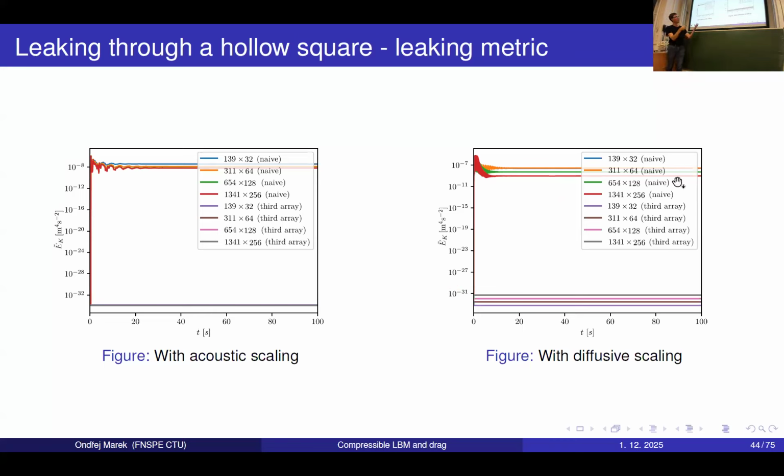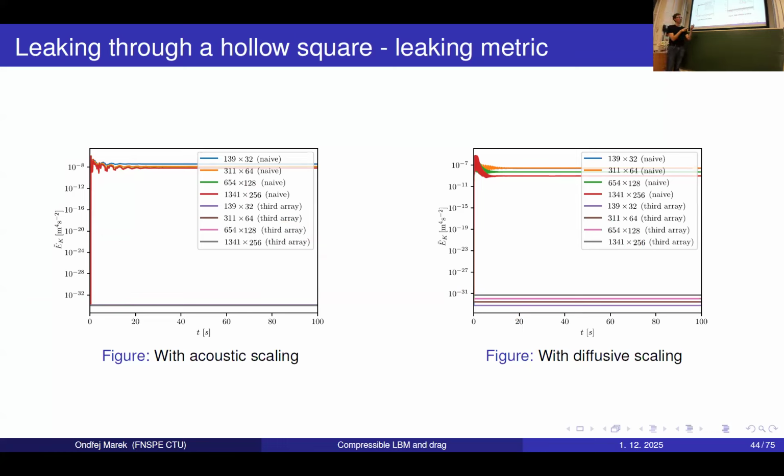Basically I integrated the specific kinetic energy inside the square over the whole inside sector, and I got that with the naive fully bounce back, I have 10 to the power minus 8 energy when computing in double format, and when I use the third array, it's basically 0, 10 to the power minus 32, or it changes to the diffusive scaling.